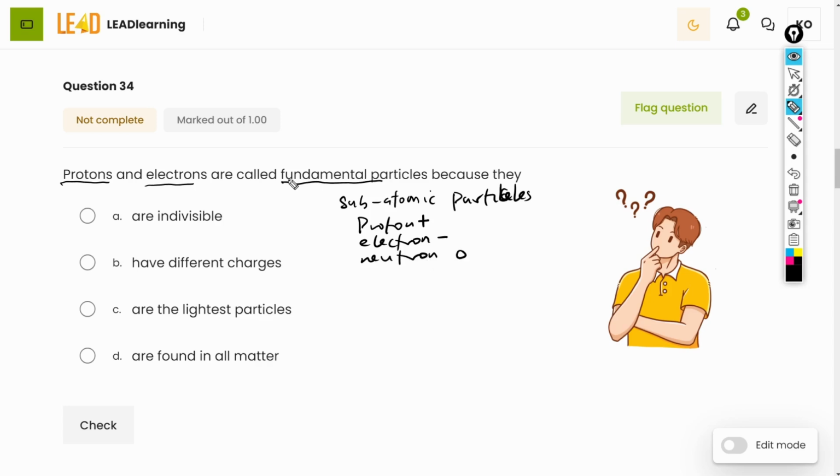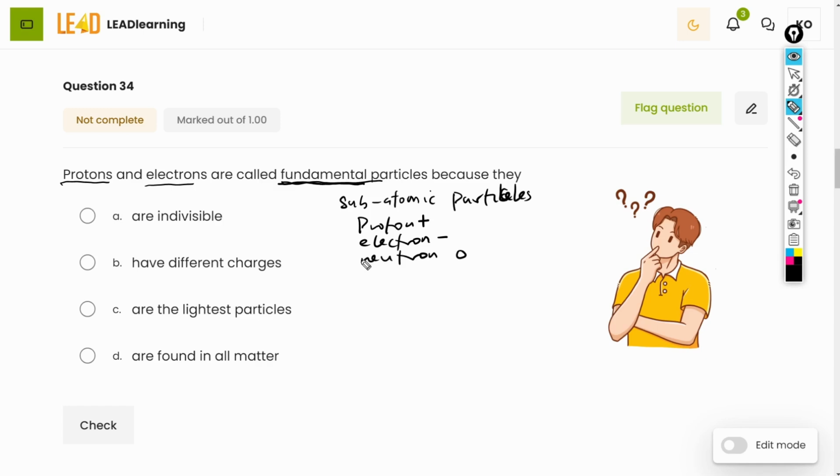Now, to answer this question, we need to understand the definition of fundamental, or what qualifies a particle to be considered fundamental. According to the modern definition, fundamental particles are so simple that they cannot be broken down into smaller forms.